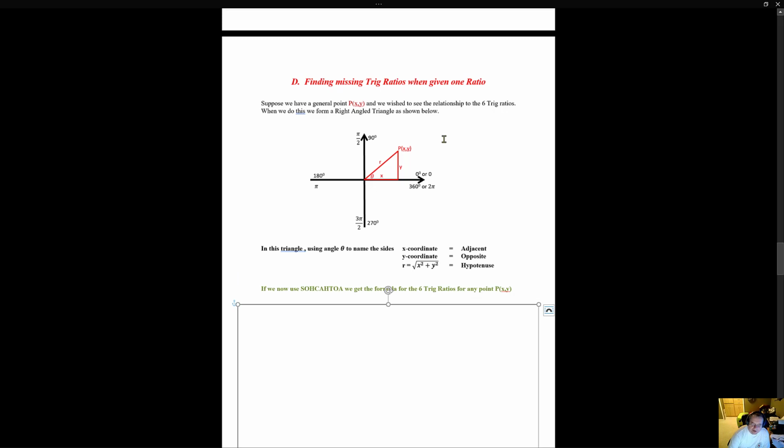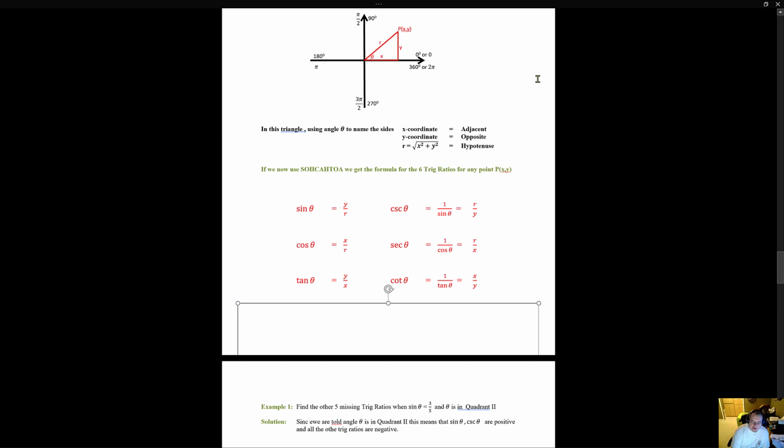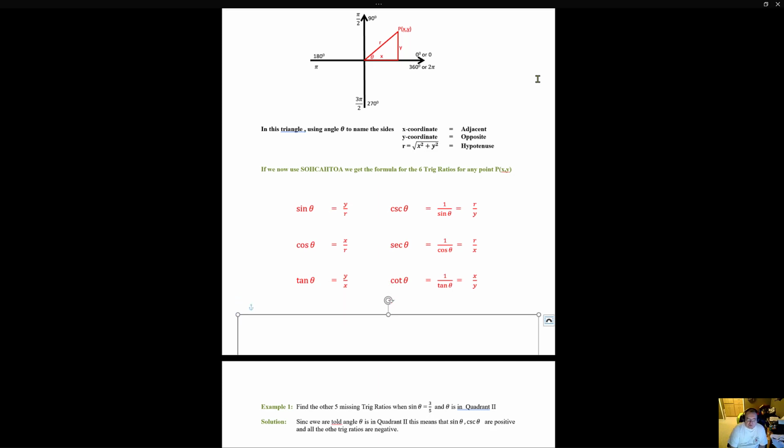Well, if we look back at SOHCAHTOA, remember the sine is opposite over hypotenuse, the cosine is adjacent over hypotenuse, and the tangent is opposite over adjacent. We can use that information to create this new set of formulas for calculating the 6 trig ratios.